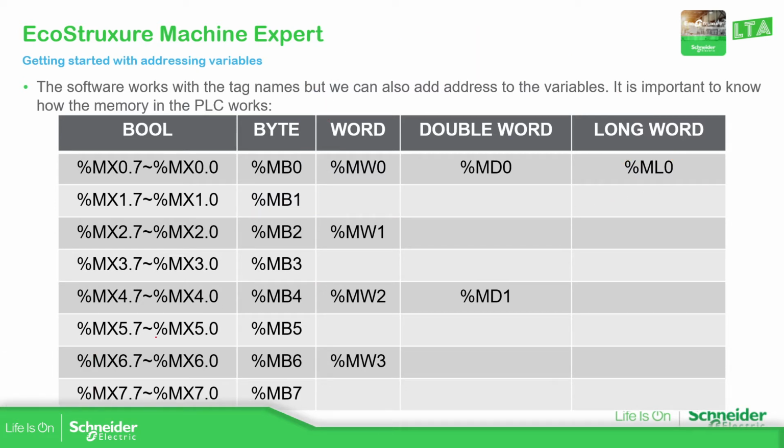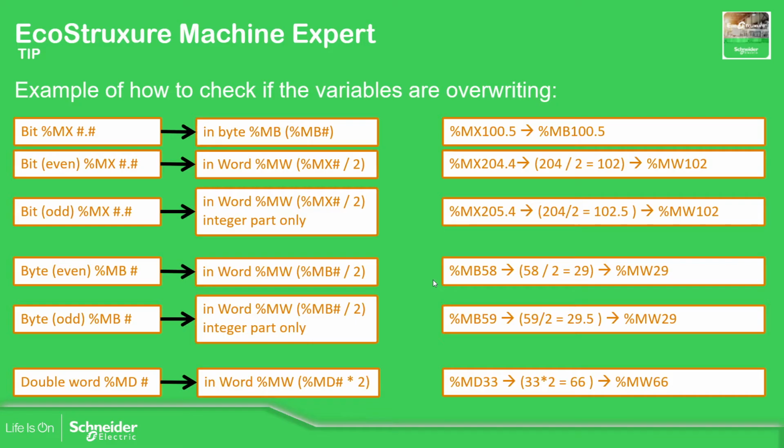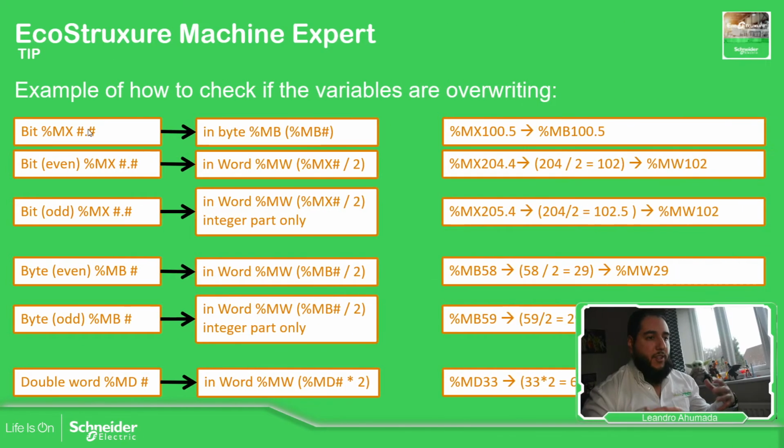Great, so if we continue with the presentation, let me just check this, perfect. So this is what I meant. If you have a percentage bit, this is just an example, just to have an idea how to check if they are overwriting the variables that we have defined.